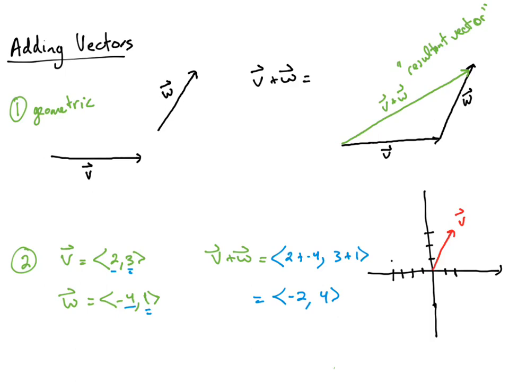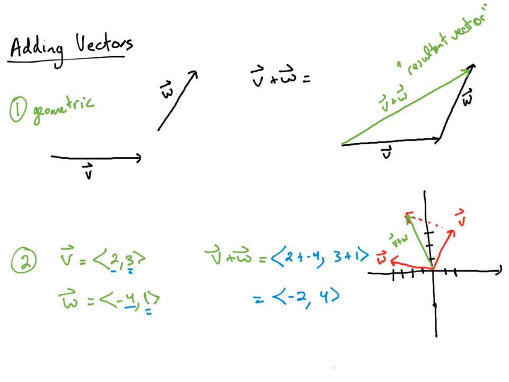So vector W will be here. If we were to add these vectors together, I would take vector W and place the tail of vector W at the head of vector V, and then the resultant vector is this guy right here. That's going to be V plus W.